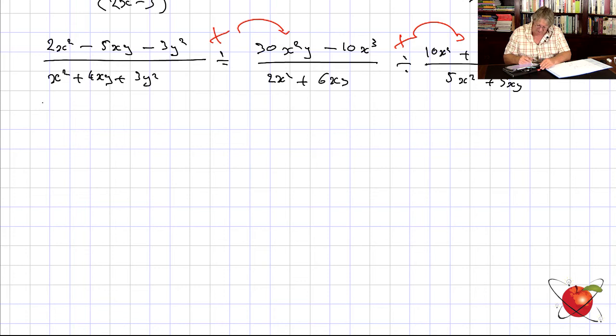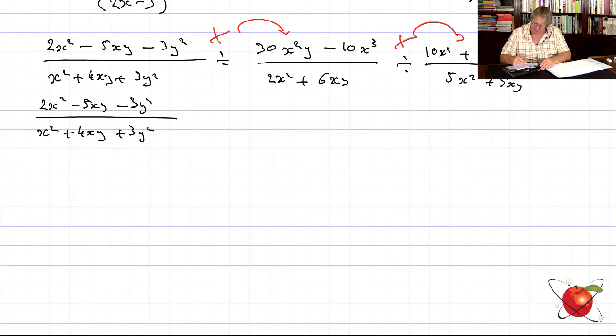Well, I say that, but 2x squared minus 5xy minus 3y squared over x squared plus 4xy plus 3y squared, right?